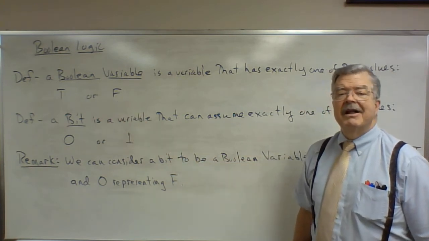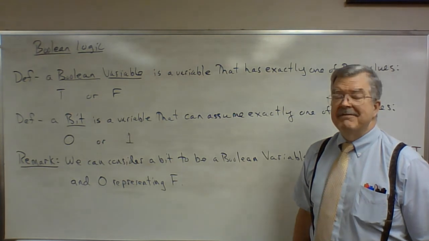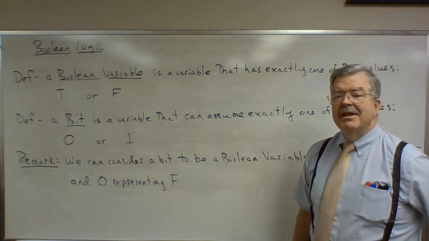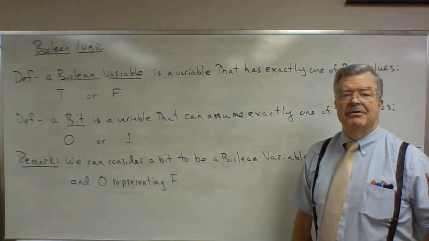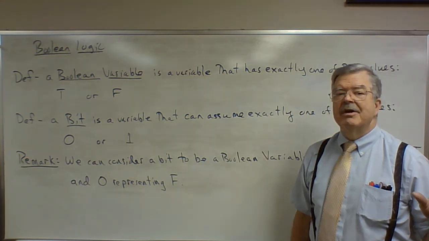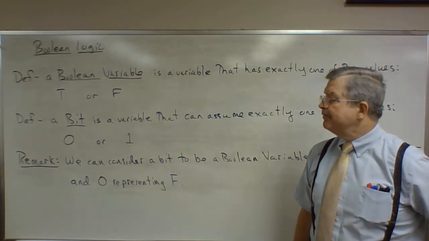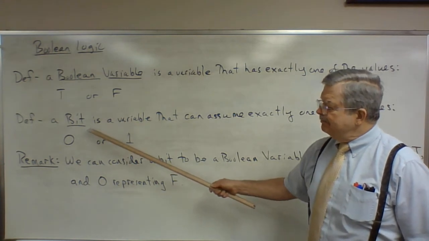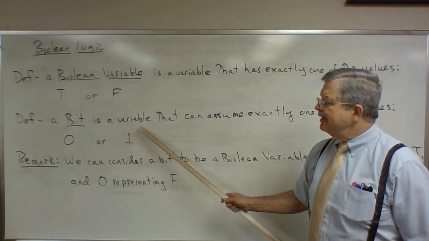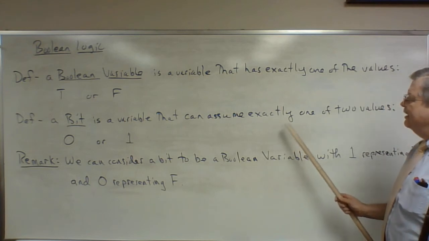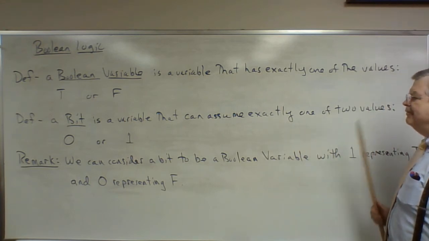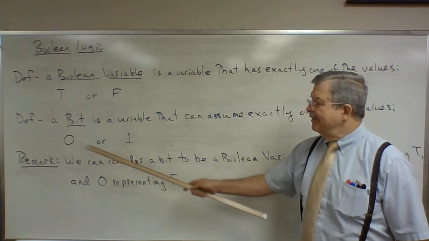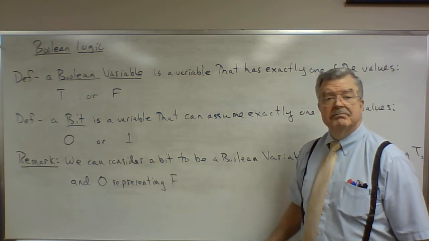So a Boolean variable is either true or it's false. It has to be one or the other, and it can't be both. Now, a bit is actually a variable that can assume exactly one of two values, 0 and 1.